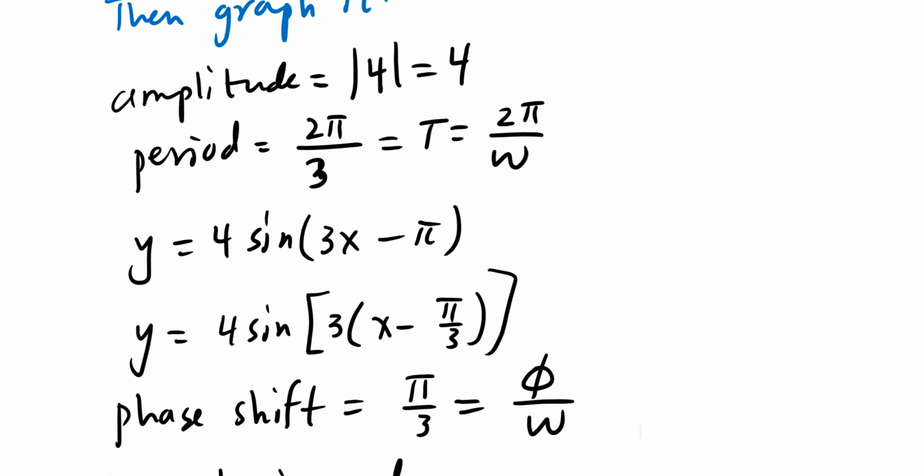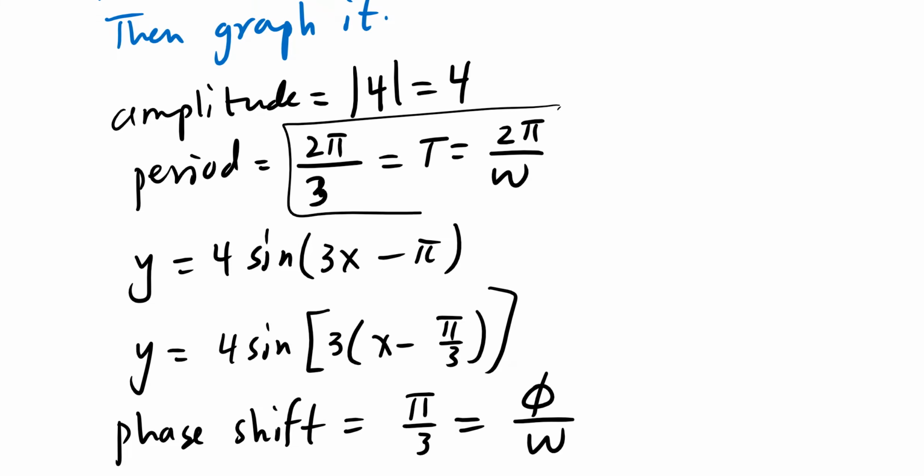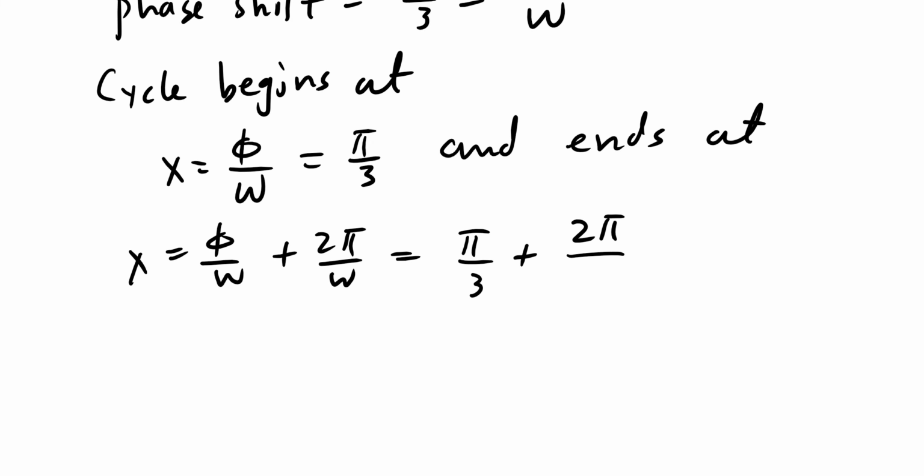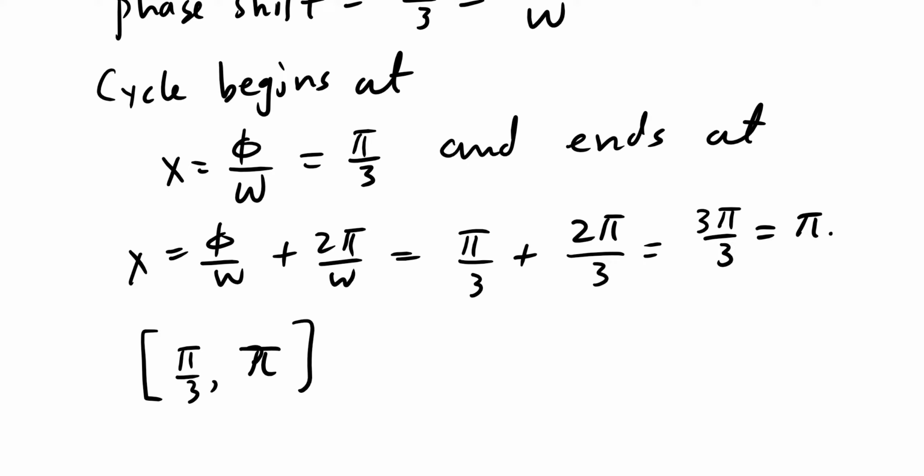If you go back up here, omega is 3. If you compare the fractions, the denominator is 3. So here I combined them, 3 pi over 3, so that gives us pi. So I know now that the cycle is going to go from pi over 3 to pi. Note here, if you subtract pi minus pi over 3, that will give 2 pi over 3. That's the length of one period. So that's just to verify that we are on the right track.